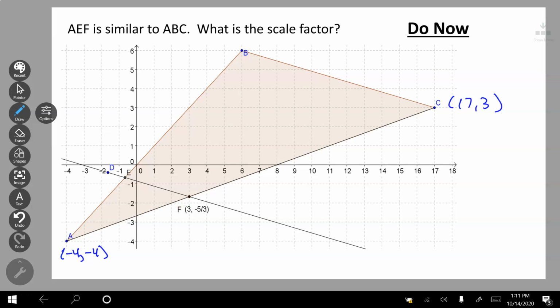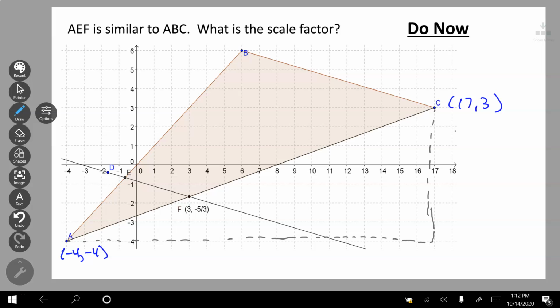So I want to compare this big triangle ABC to the smaller triangle AEF, and they are similar to each other. So we have to figure out the scale factor. So when we figure out the scale factor, well, how much do we have to go over? Or how much do we have to go up?